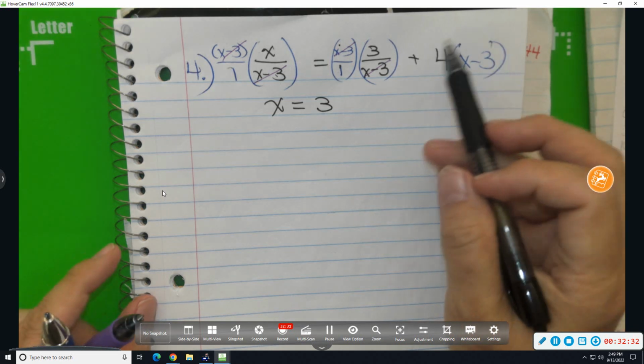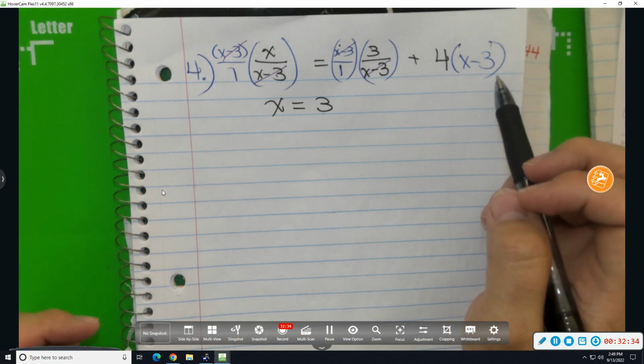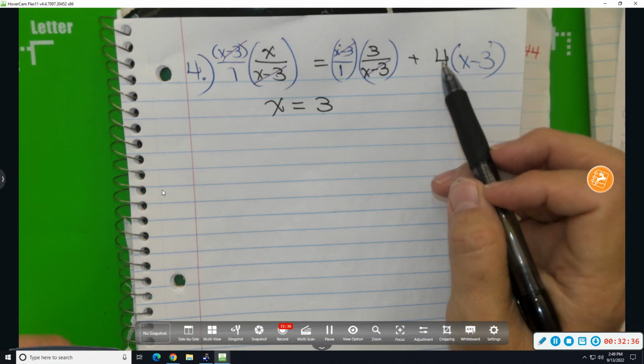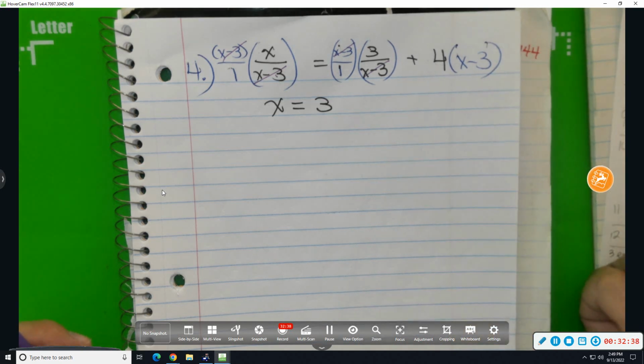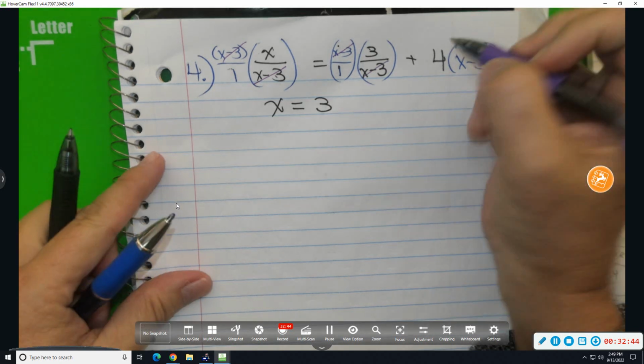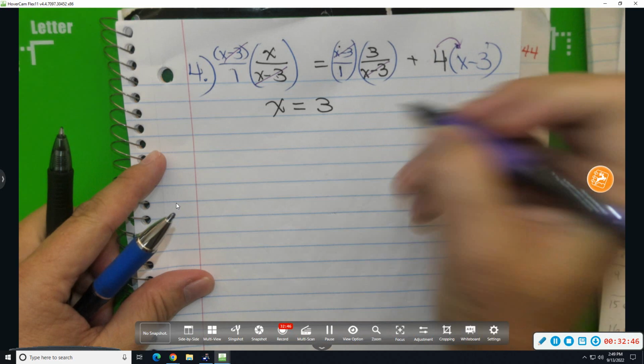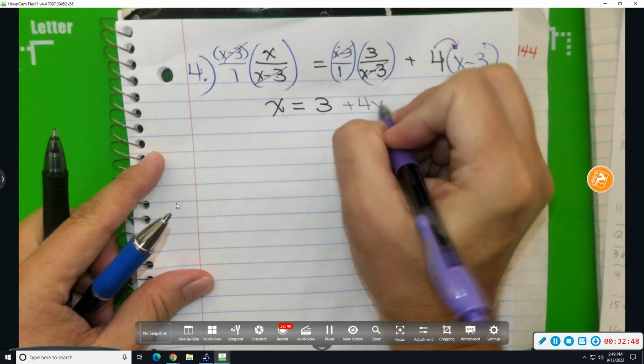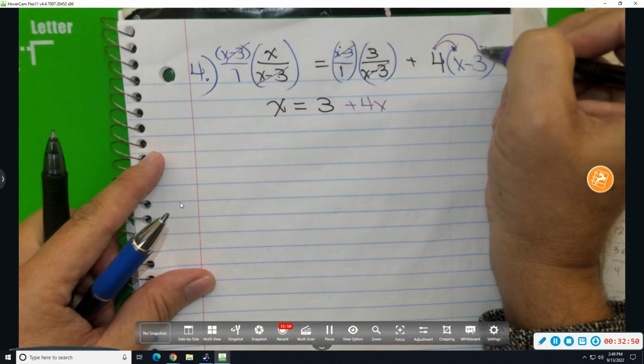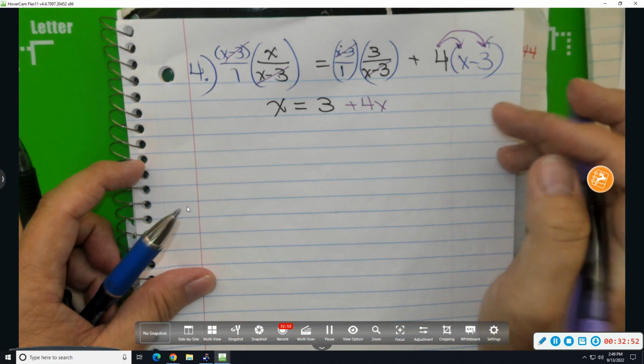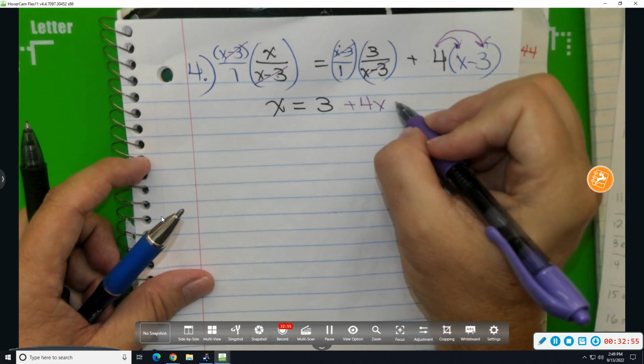Here there's no fraction, so nothing's going to cancel out. What are we going to do to multiply the 4 by the x minus 3? Distribute, I agree. So that's going to become a plus 4x minus 12.